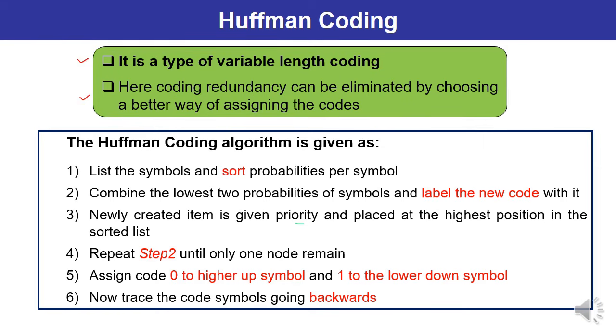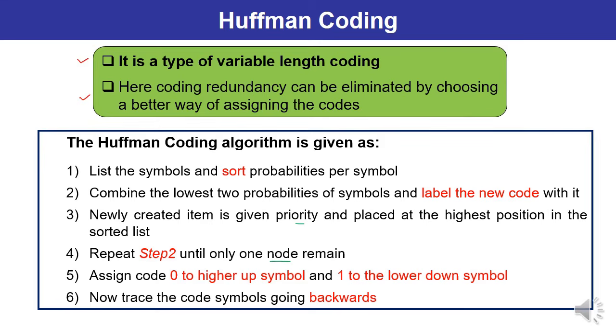Then step 2 is repeated until only one node remains. This process will continue, and at the end the sum of the probabilities must be equal to 1. Even in case you get a sum of the probabilities not equal to 1, it means you have made a mistake and you can verify it in between.